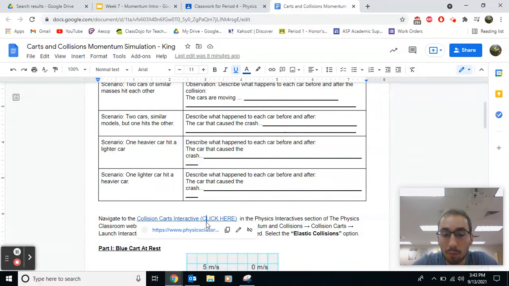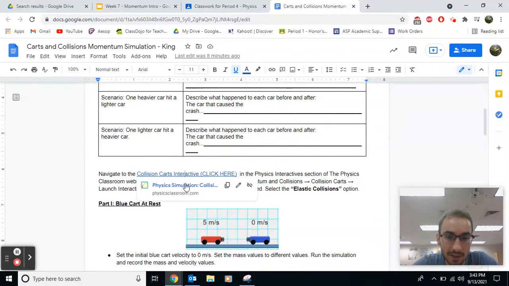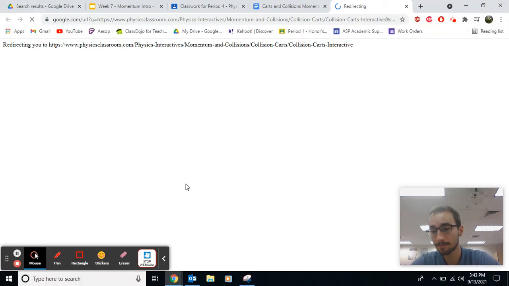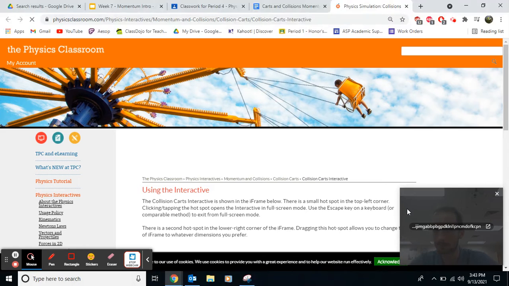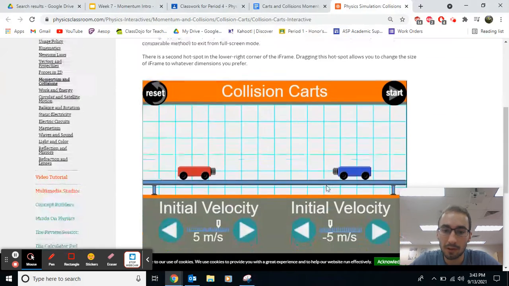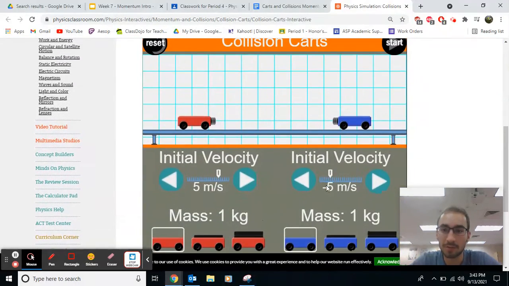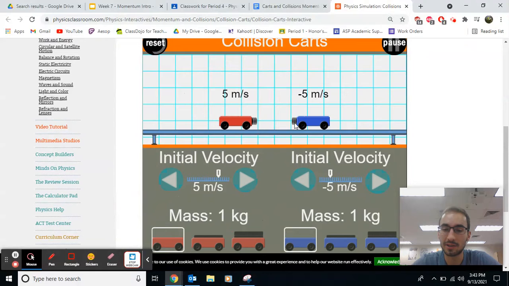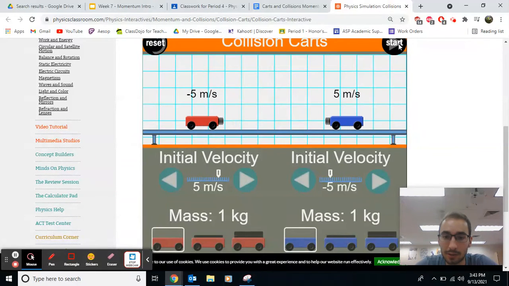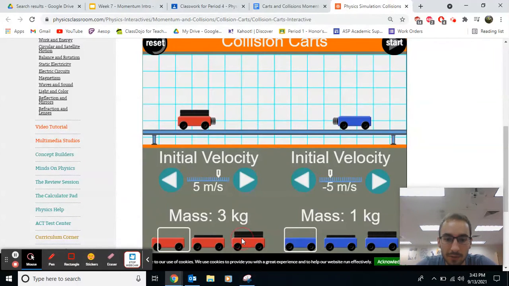After you replay the videos and get all the answers for this table, part 0, go to this link here. The first thing I like to do is always let students experiment. So you can start just by learning what the scenario does, playing around with the masses. Always do reset before you're changing things.